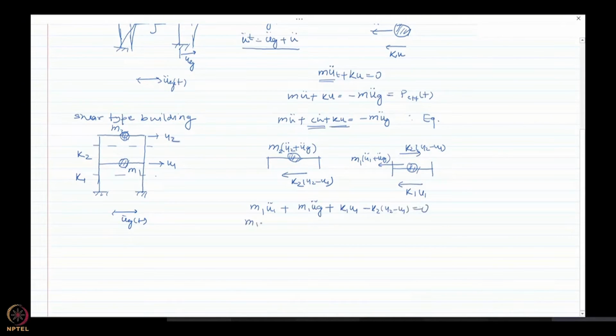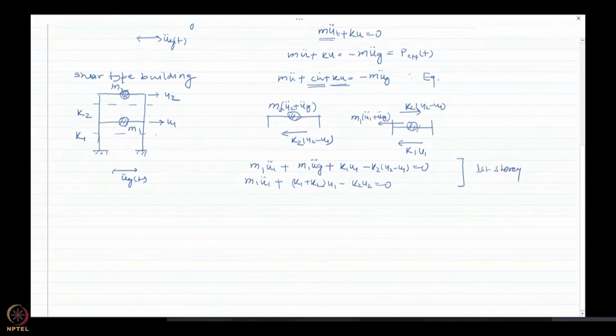So what you will get is m1 u1 double dot plus k1 plus k2 times u1 minus k2 u2. So this is for the first story.